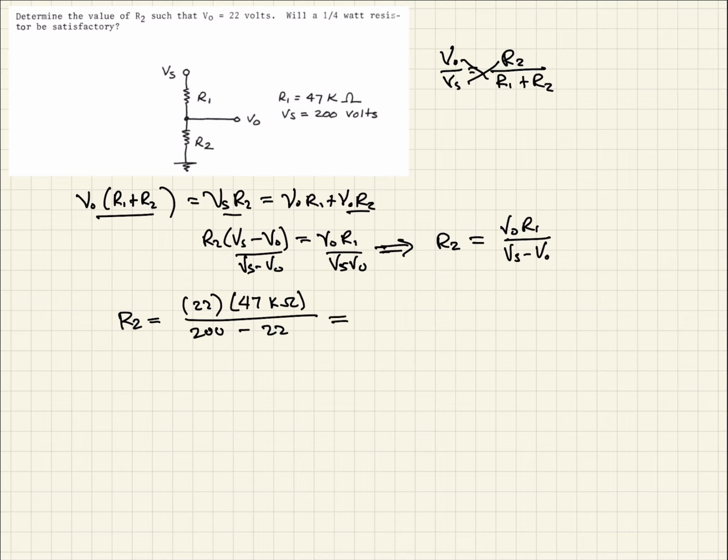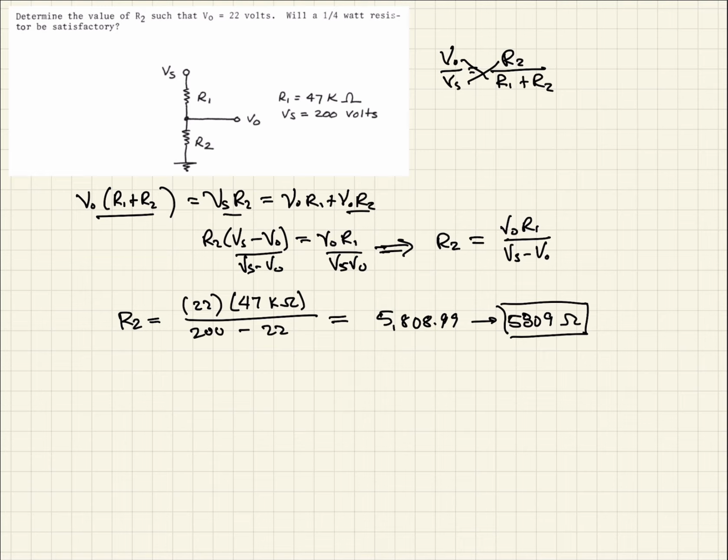When we plug all of that into our calculator, we should get something in the neighborhood of 5808.99, or some people may round that up to 5809 ohms. This is the value of the resistor for R2 in order to get the output voltage that we wanted.